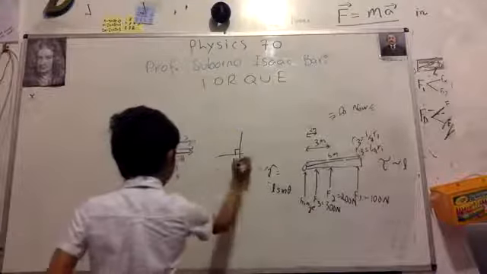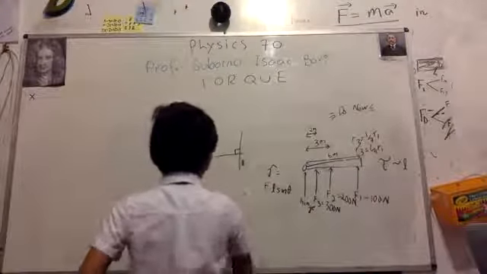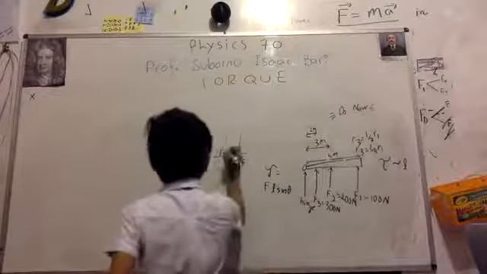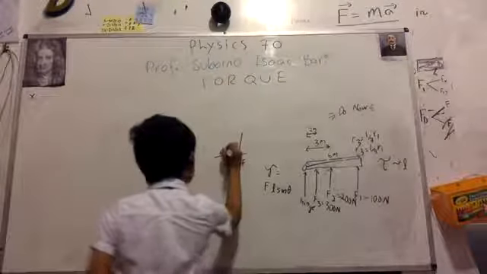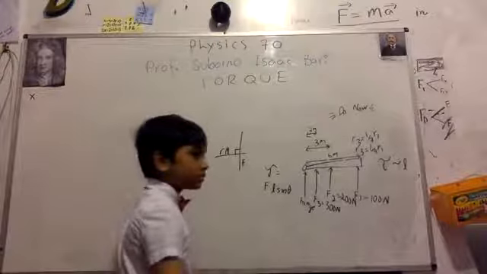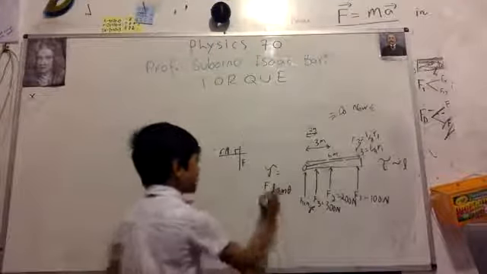So you can see that the force vector and the R vector or the L vector are perpendicular. But Professor, what is the proof? What are we trying to prove? F L sin theta.